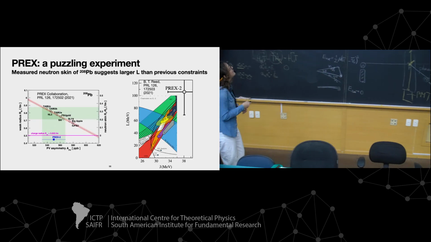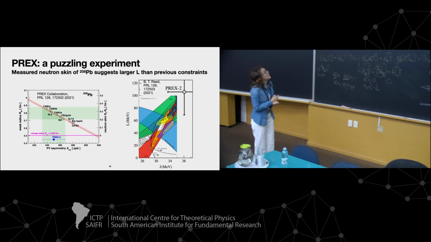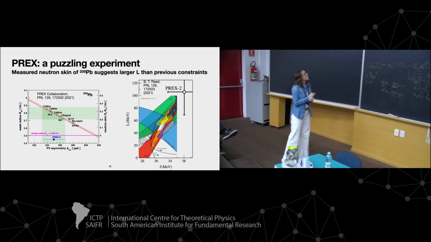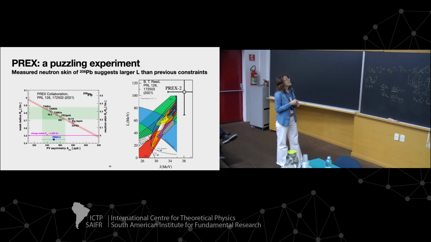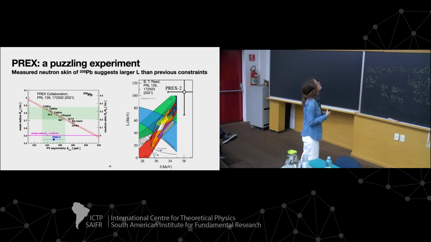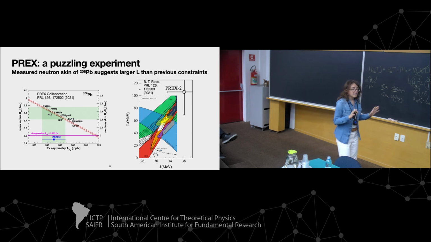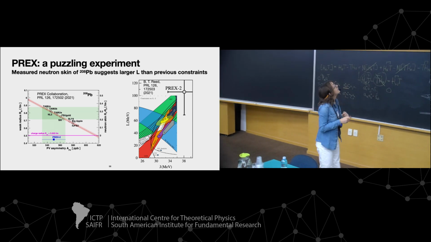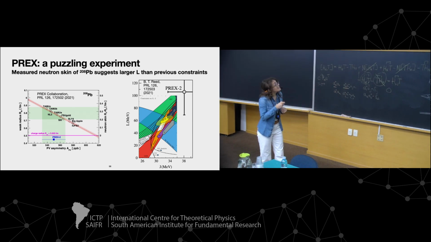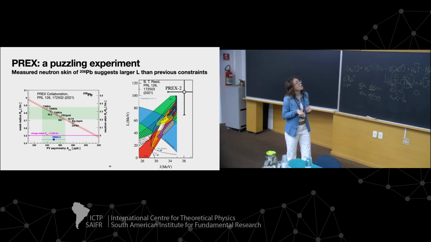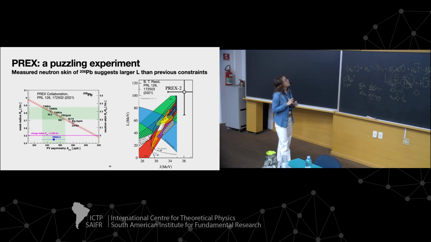Actually, this is not really in agreement with another experiment, which is instead focusing on the case of lead-208. So the measured neutron skin of lead-208, again using parity-violating elastic electron scattering experiments, is suggesting a larger value of the slope parameter with respect to previous constraints.